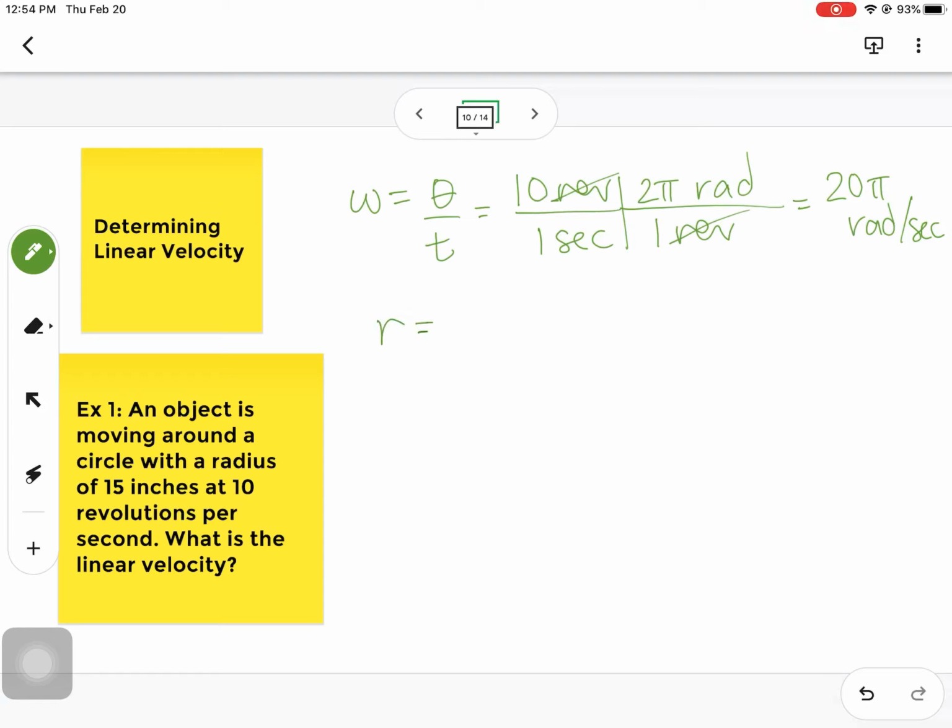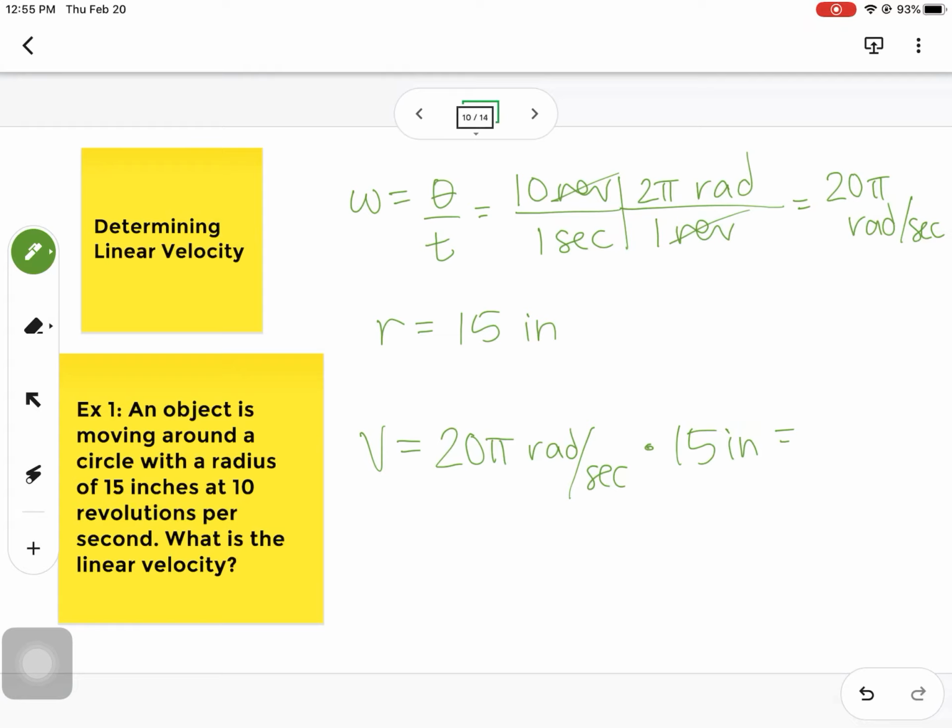My radius here is 15 inches, and again, it doesn't say that it wants it in a different unit besides inches. If this wanted to be in feet, we would have to do some conversion. This wants inches, so it's fine. So for my velocity, I'm just going to do the 20 pi radians per second times the 15 inches. And what it really does is cancel out that radians again and makes it calculate your circumference.